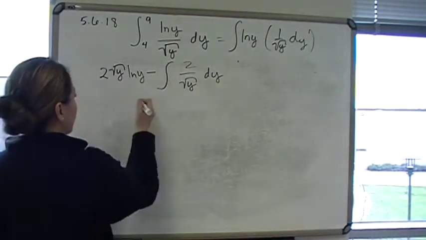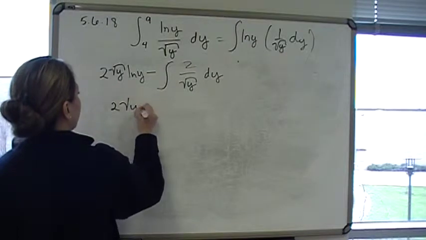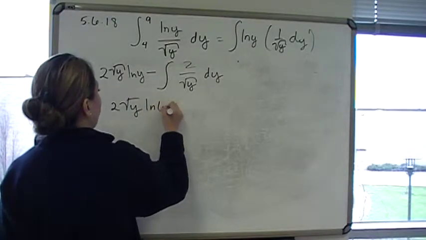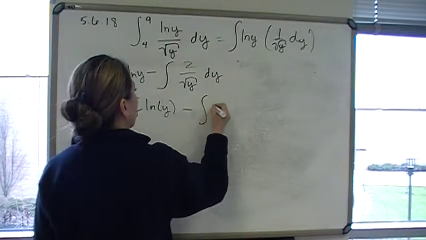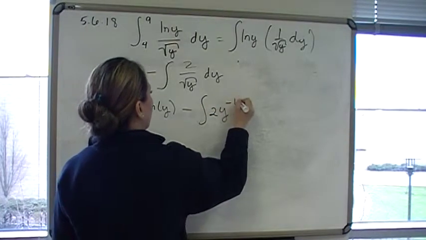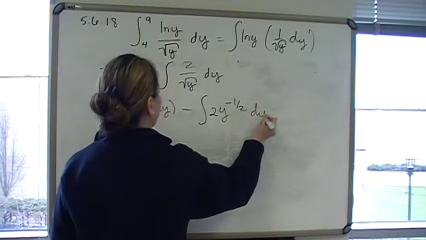I'm going to rewrite that as 2 root y, natural log of y, minus the integral of 2y to the negative 1/2 dy.